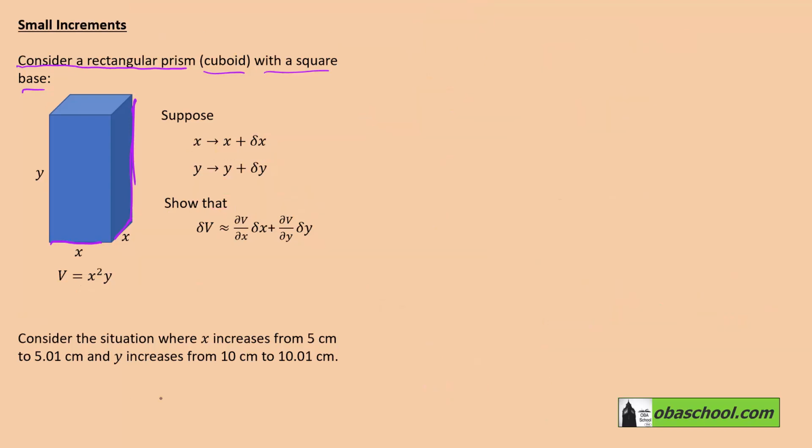So let's look at a particular situation. Consider the situation where x increases from 5 centimeters to 5.01 centimeters, and y increases from 10 centimeters to 10.01. Well, the true volume would be 5 times 5 times 10, which is 250 cubic centimeters.